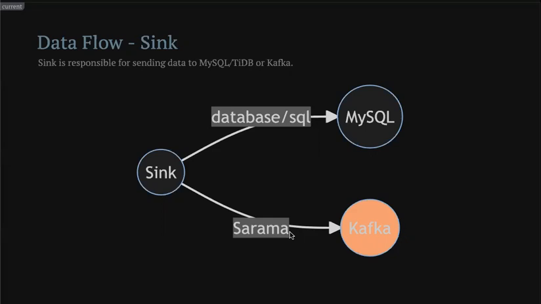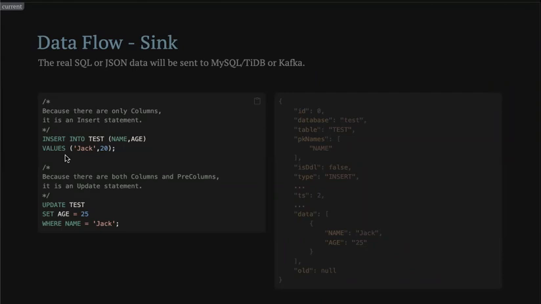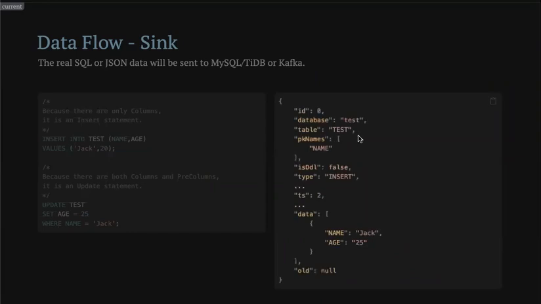6.5. Yeah, probably. There are some examples of real SQL or JSON data. We can see the SQL statement is easy to understand. We just reverse the row change into the SQL statement, because we have a value and old value, so we can generate the update statement. And the JSON data is also easy to understand.